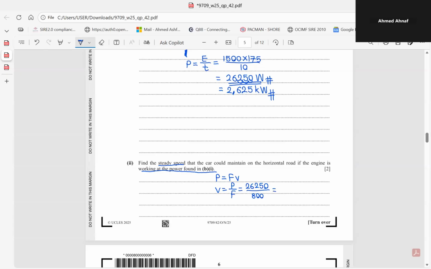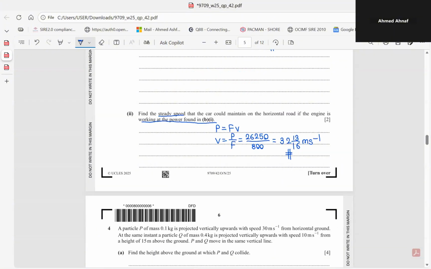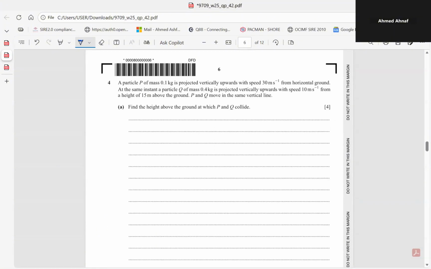It has to directly counteract the resistive force and hence maintain equilibrium. So just type it into a calculator, and you would get this as your exact answer. So this would be our final answer for this part as well as the entire question. Let's move on to the next question.